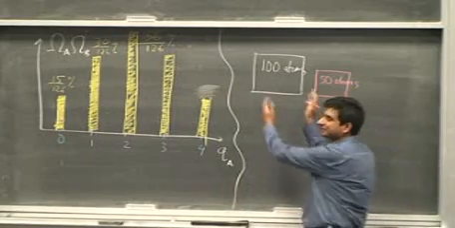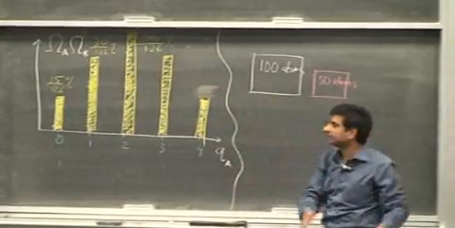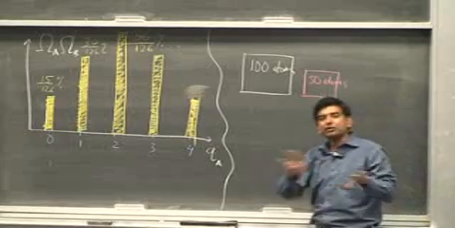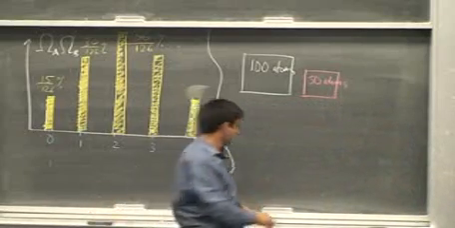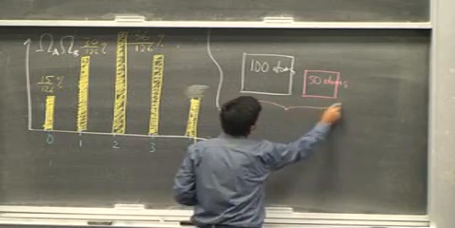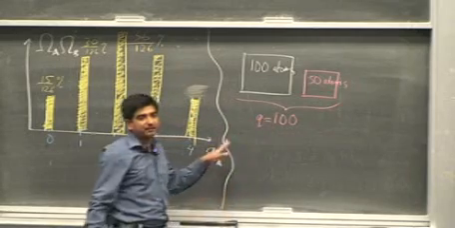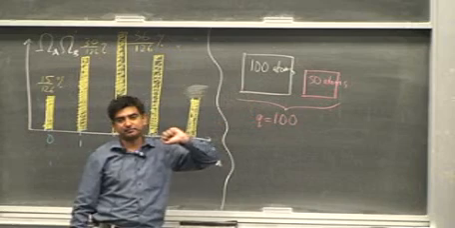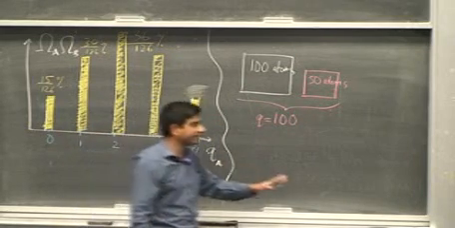So it's a bigger solid. It's not one atom, 100 atoms, 300 oscillators, 50 atoms, 150 oscillators, and the total energy that has to be shared is, say, 100 quanta. So now a total energy of 100 quanta has to be shared amongst these objects.